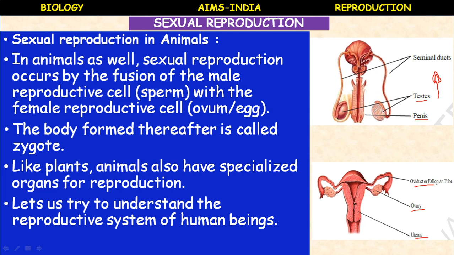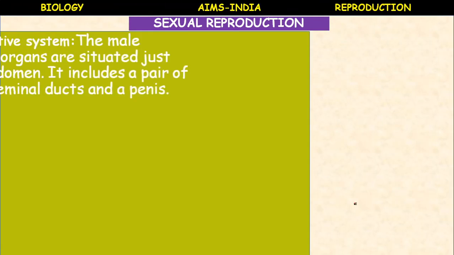The ovary produces the female gamete called ova or eggs. Okay, so let us study in detail one after the other.